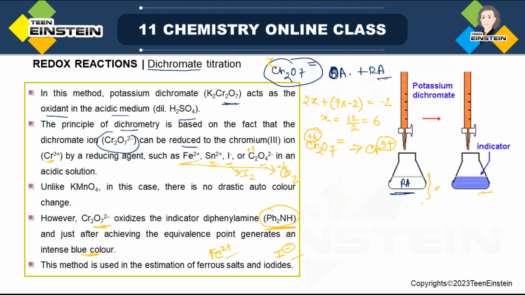and now we already know how to balance any redox reaction. So when you look at the balanced reaction, you will be able to understand how many moles of iron will be reacting with how many moles of Cr2O7 2-. So once you know this mole ratio, and from this burette reading, you will know the volume required for Cr2O7, concentration of Cr2O7 already known.